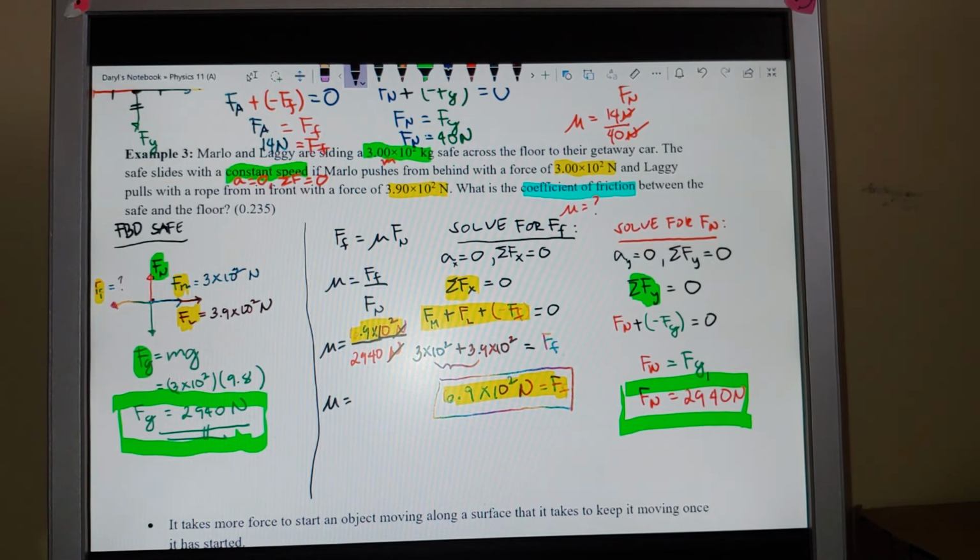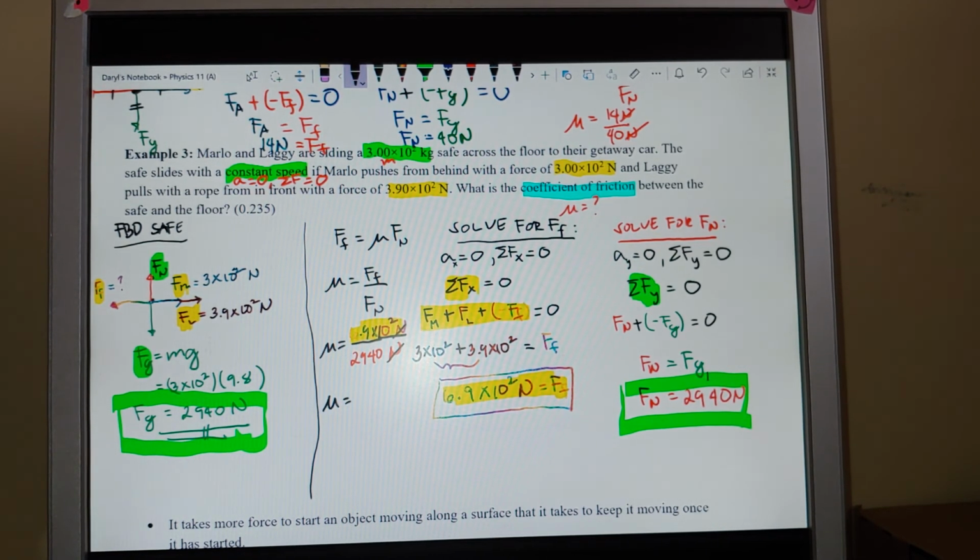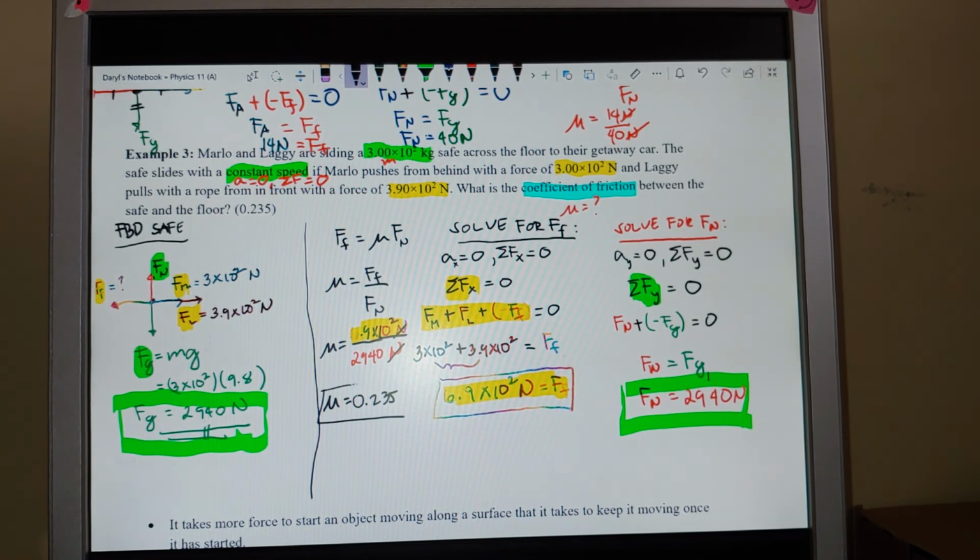So that is 690 newtons divided by 2,940 newtons, and that gives me 0.235. Again, it's just a pure number, and that's my answer, in 3 significant digits.